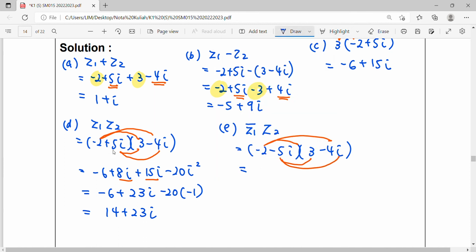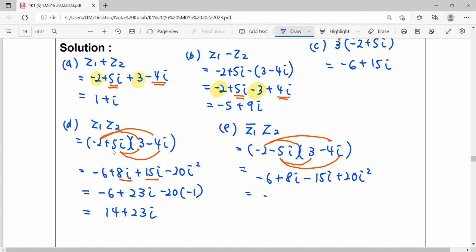What do we have here? -6, minus negative becomes positive, so it becomes 8i, then -15i, and 20i squared.